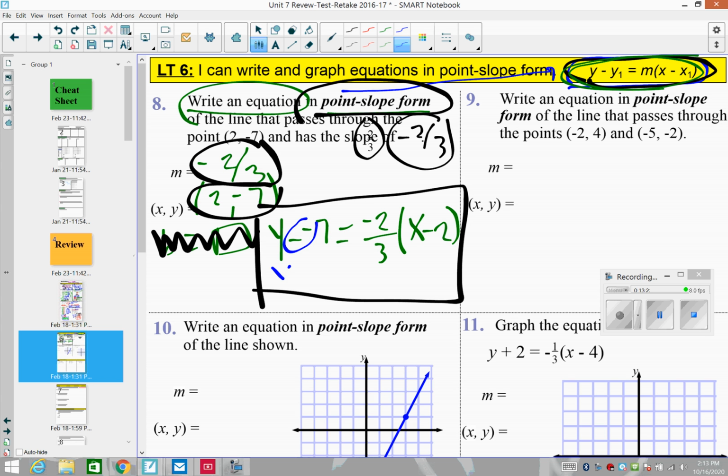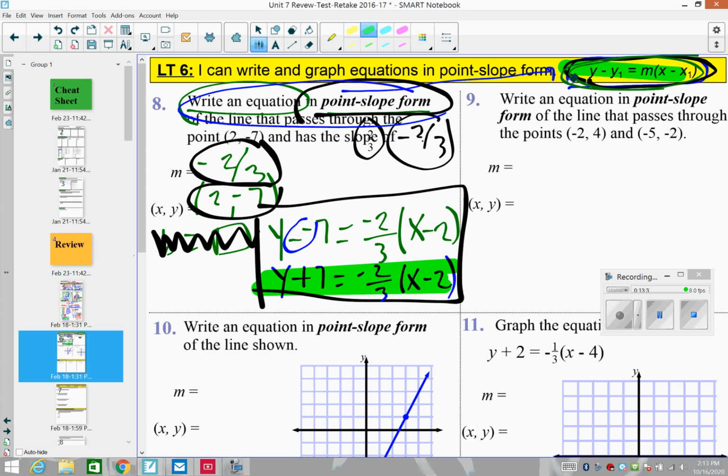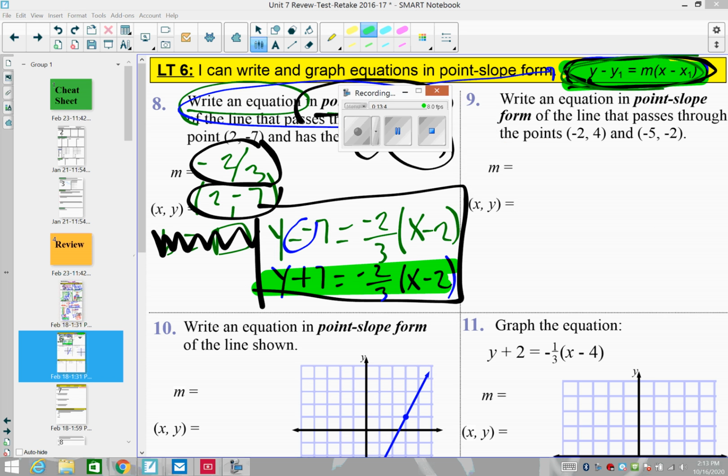So it's y plus 7 equals the slope times x minus 2. You were asked to write the equation in point slope form. So final answer, that is your equation in point slope form. Done. It looks funny because you feel like you haven't answered the question yet, but it's about writing in the proper form. So make sure you're writing in the proper form.